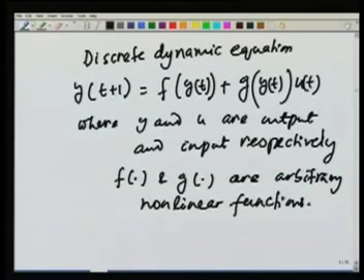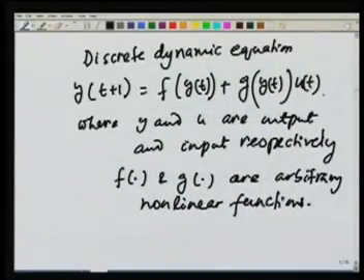Let us say that this particular dynamic, y(t+1) is f(y(t)) plus g(y(t)) u(t), represents some nonlinear system.